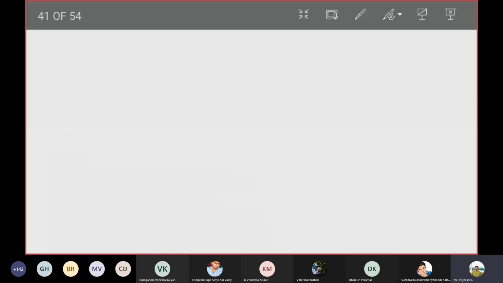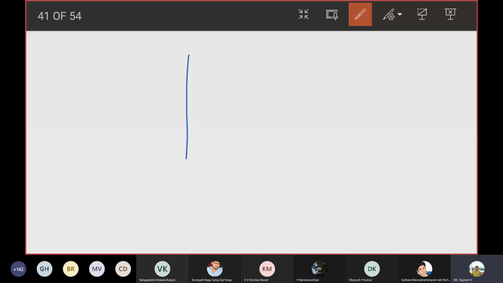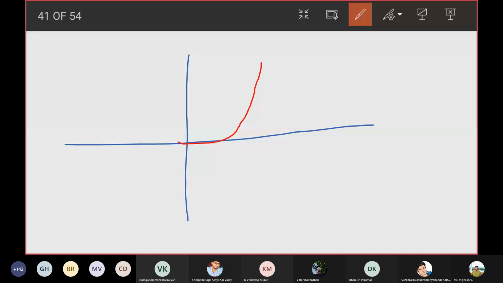Let me draw that on another slide and show you. Okay, it's very important that you understand this. It looks something like this, right? So let me say the current at this point is 0.1 milliamp, as I already told, and the current at this point is say 0.6 milliamp.